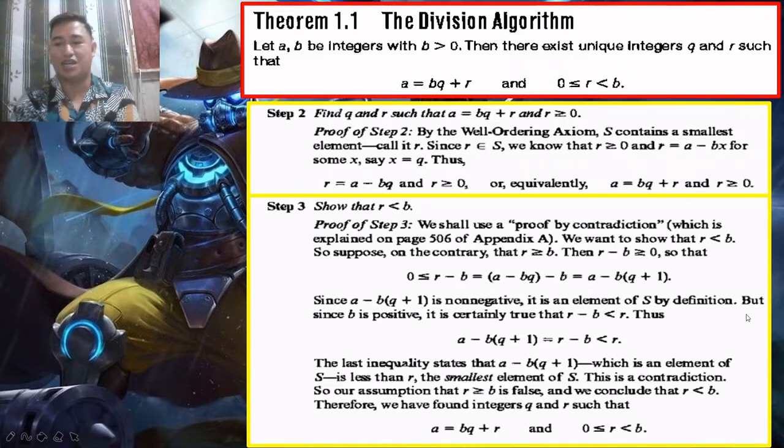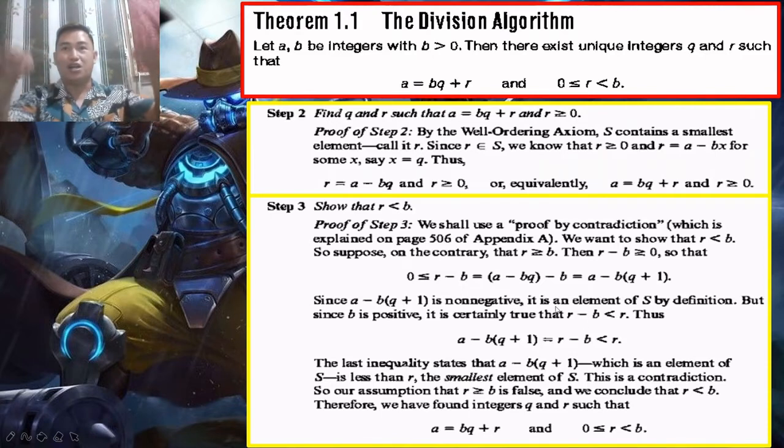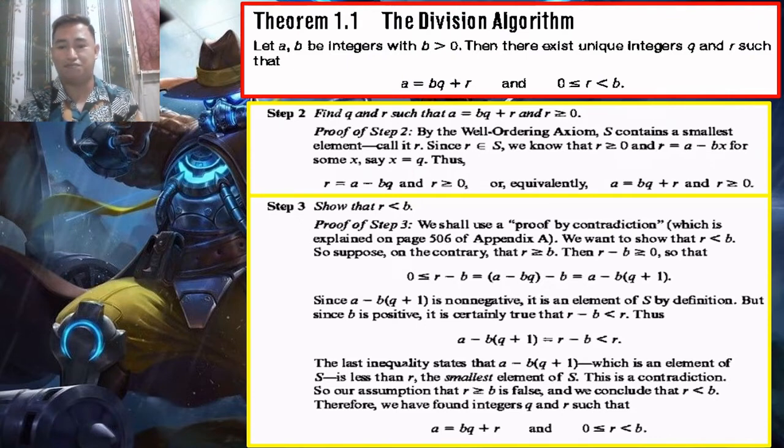But since b is positive, it is certainly true that r minus b is less than r. Because b is positive, if you have r and subtract b, then r minus b is smaller than r. Thus a minus b times q plus 1 is equal to r minus b.